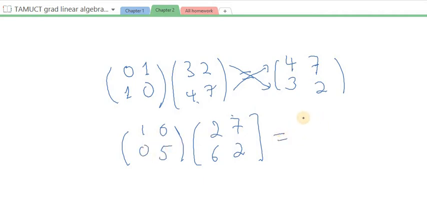Now, the first row here is going to be the first row of the matrix on the left times the matrix on the right, and you can check that that will pick out the first row. On the other hand, the second row is going to be the second row of the first matrix times the second matrix, and that's going to pick out 5 times the second row here. So that's going to give me 30 and 10. You can go through step by step and also see that that works.